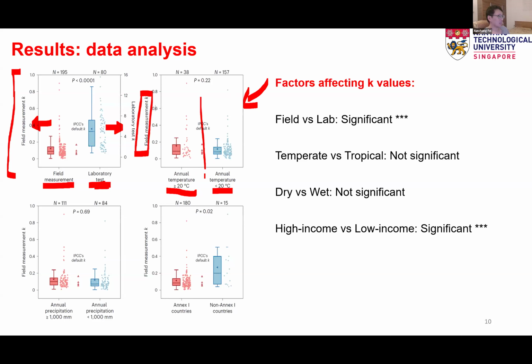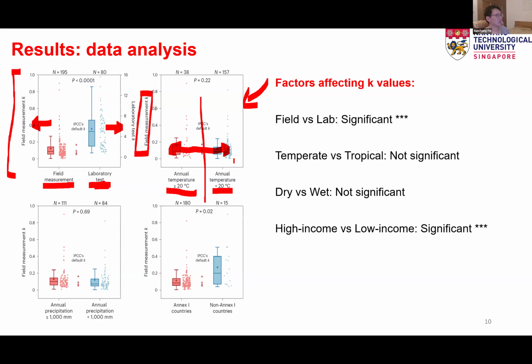Why we separate it this way is because this is according to IPCC. IPCC says we have tropical countries and non-tropical countries. Then you just use two K values to represent the landfills in these two groups of countries. But in reality, if we compare the K values, you see there's no significant difference.